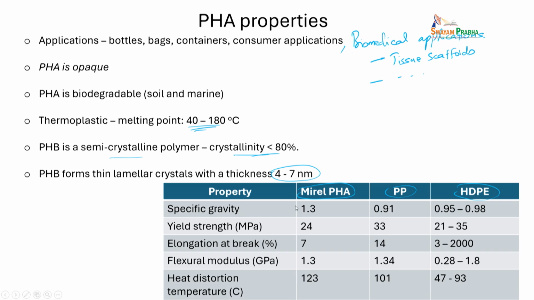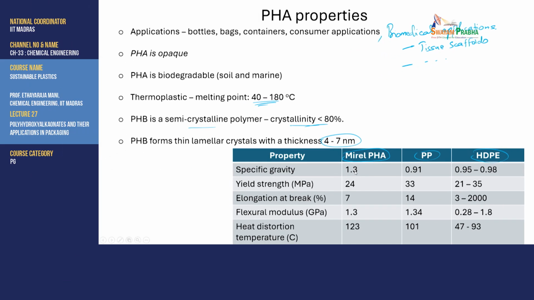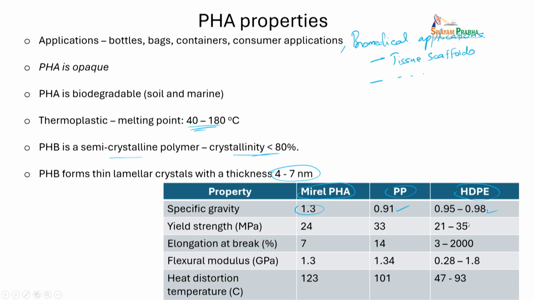If you see, the specific gravity or the density is quite high compared to polypropylene or HDPE. In terms of yield strength, they are quite comparable. You can see it's about 24 megapascal versus 33 for polypropylene and 21 to 35 for HDPE, so it nicely overlaps with the yield strength of polypropylene and HDPE.